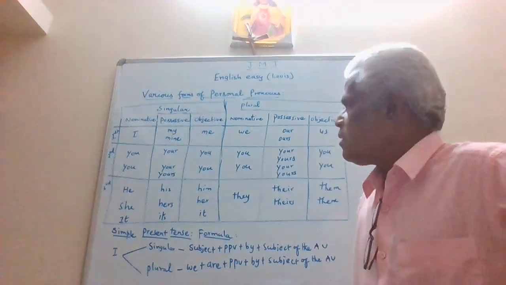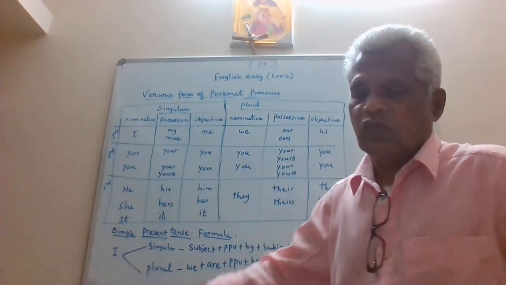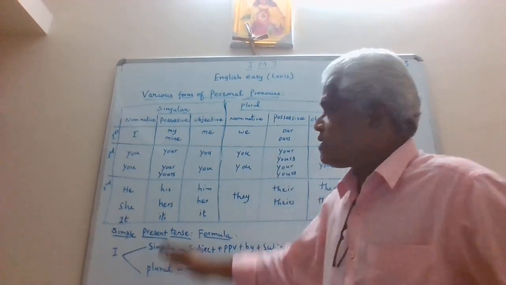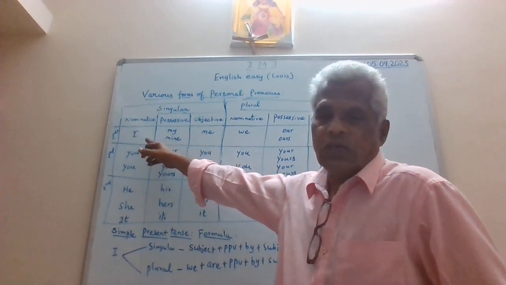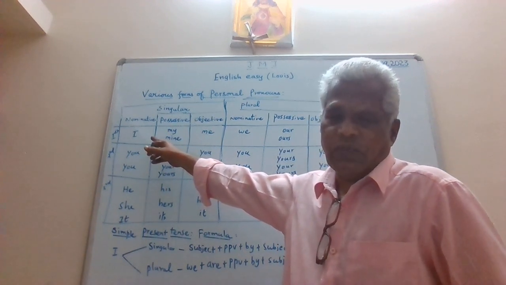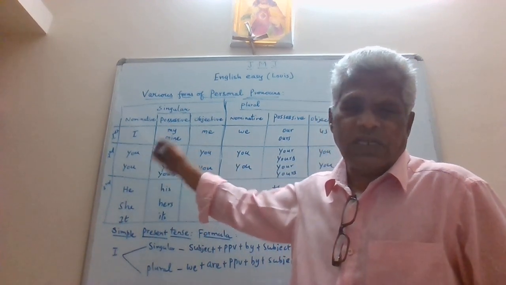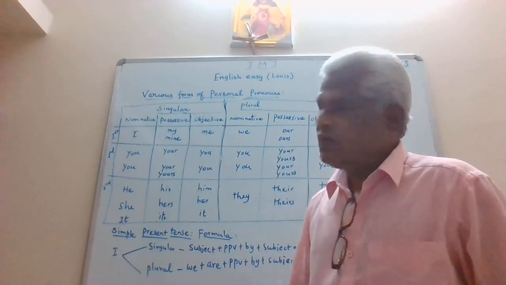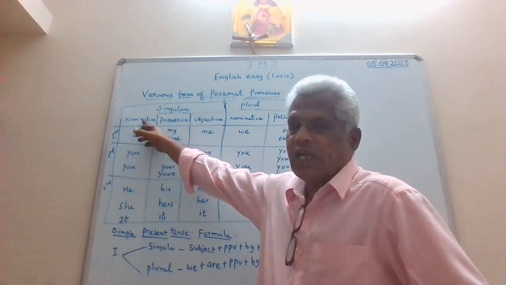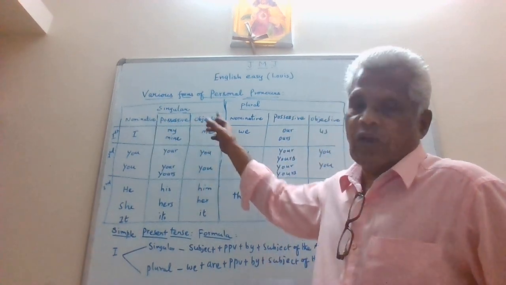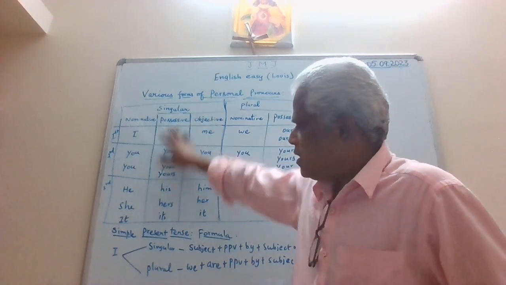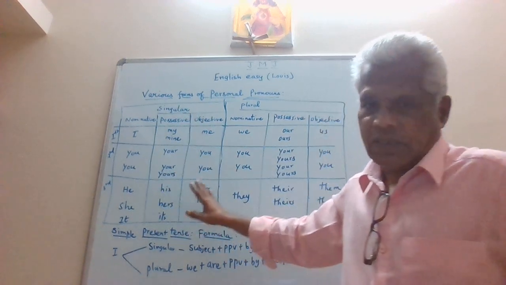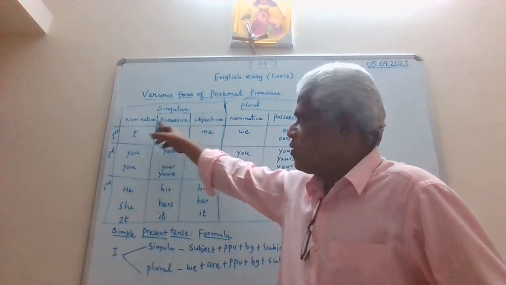Before we go into changing active to passive, see how these pronouns are changed from one form to the other, from nominative to possessive and objective. All these are singular.